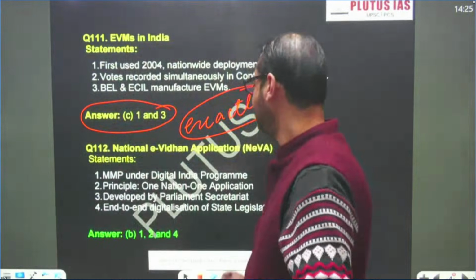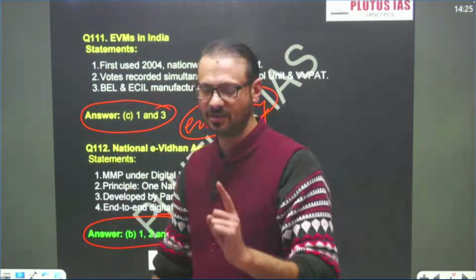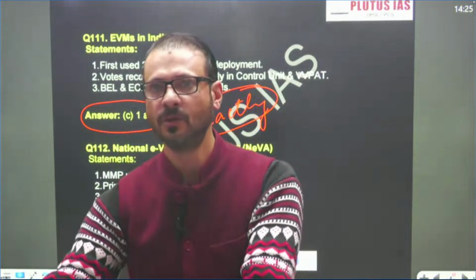So the correct answer is 1, 2 and 4, option B. Option 3, that it has been developed by the Parliament Secretariat, is not correct. It has been developed by the National Informatics Centre. So that's how you come to the conclusion.